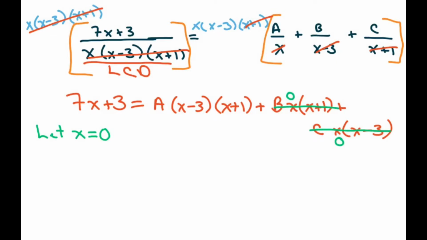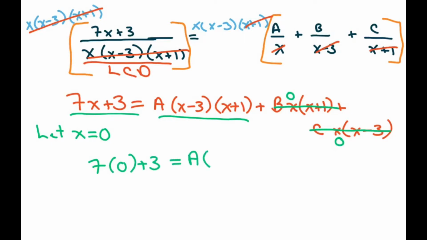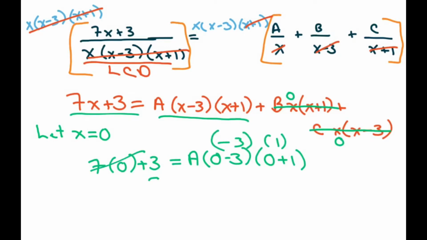So when I let x equal 0, I can find my A. So we're just going to deal with these two right here. 7 times 0 plus 3 equals A times 0 minus 3 times 0 plus 1. So this is negative 3 times 1, and this goes away, so that's 3 equals negative 3A. Therefore A equals negative 1.